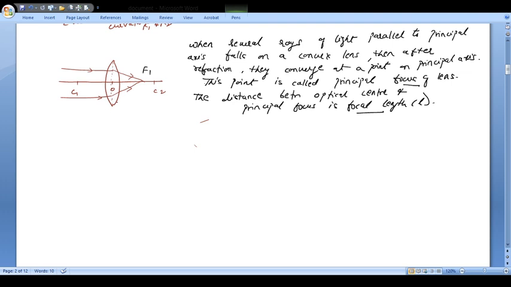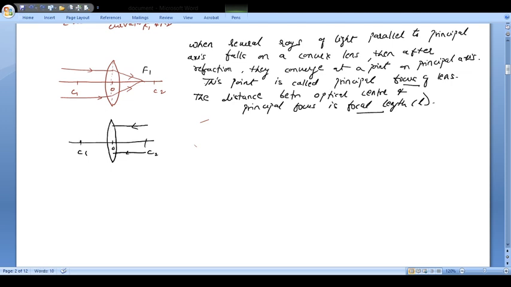Now see, in case of a lens, you can also have a figure like this. This is your lens. This is basically your C1. This is C2. Now what can happen is your rays may come from this side. So now you will get principal focus on the opposite side.